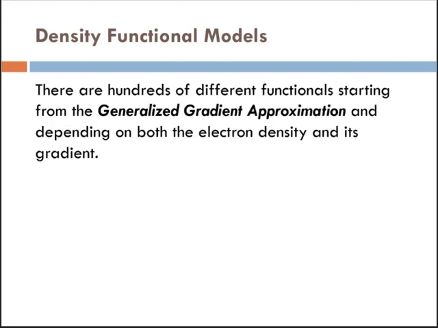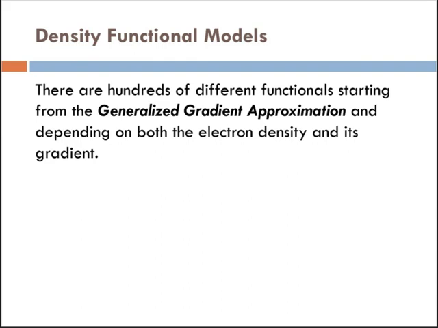Now, it's pretty dense, what it's made of, but essentially it can be broken down into an expression in which the energy of a molecule is dependent on the electron density and on the derivative of the electron density.